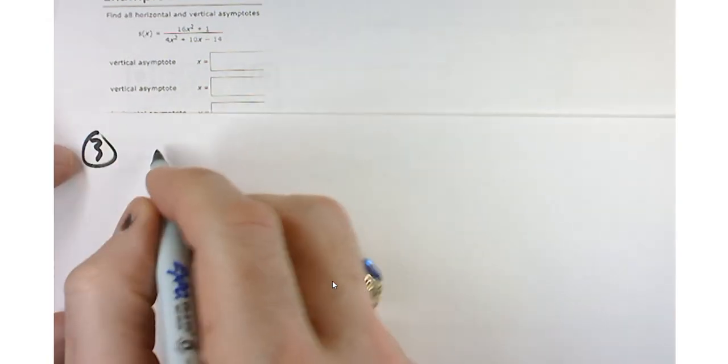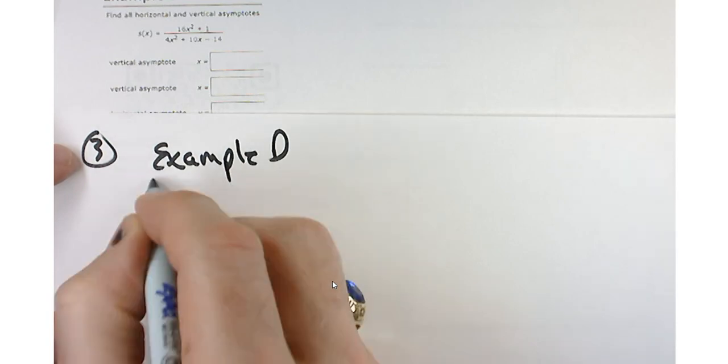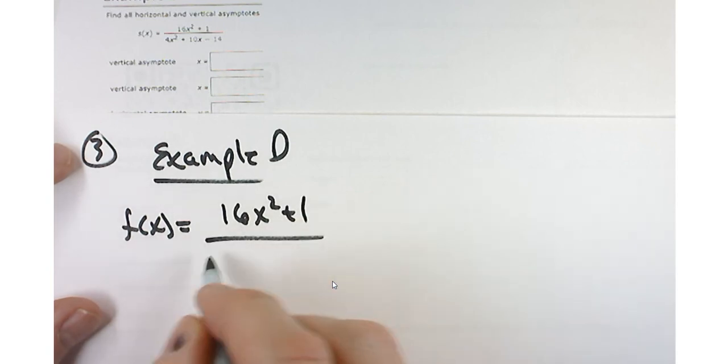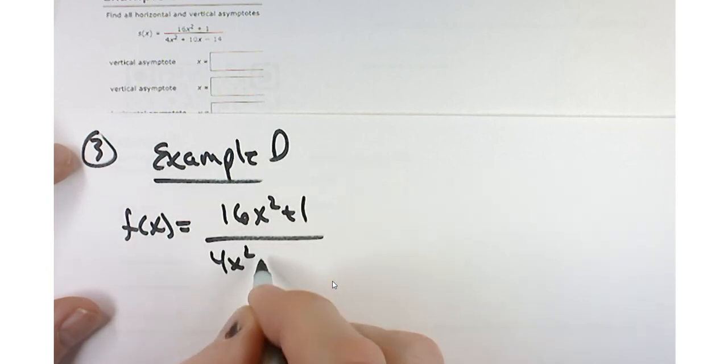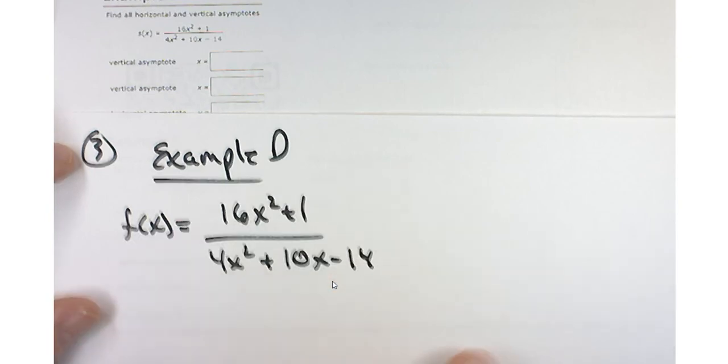So example D, I'll make this page 2. Example D gives us this function, f of x equals 16x squared plus 1 over 4x squared plus 10x minus 14.